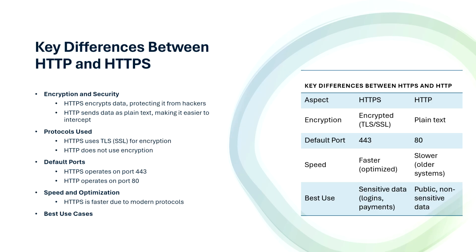So there are some key differences between HTTP and HTTPS. HTTPS is encrypted. It uses that SSL certificate, where HTTP uses plain text. HTTPS utilizes 443 as the default port, where HTTP uses port 80 as default. HTTPS, the secure one, is faster and more optimized, where HTTP is slower, especially on older systems.